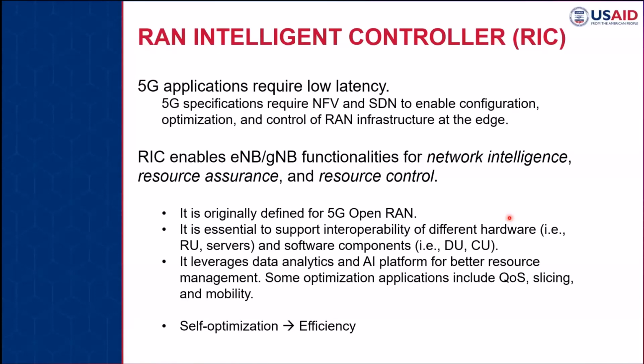It can support the interoperability of different hardware and software components, and it also leverages data analytics and AI platforms for better resource management. Some optimization applications include, as Johnson shared with us a while ago, QoS, slicing, and mobility. And in terms of self-optimization, it's very efficient.